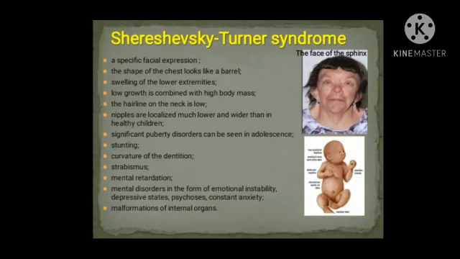Stunting. The older the child becomes, the brighter this symptom appears. Crowding of the dentition, observed with all genetic disease. Strabismus, mental retardation. Children are characterized by carelessness and poor memory.